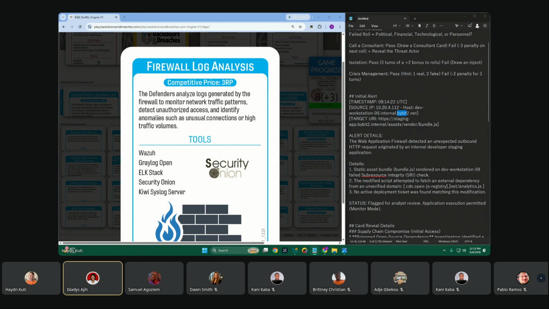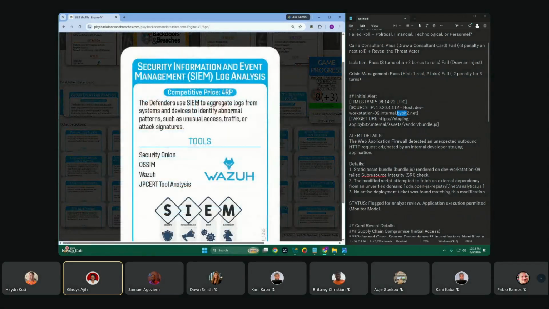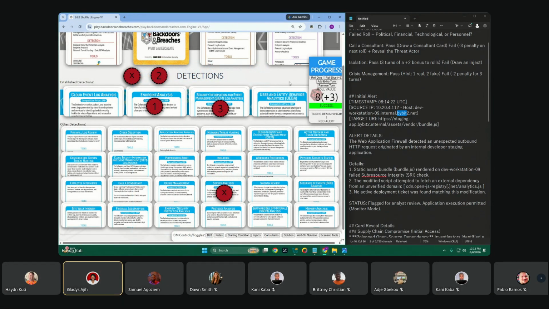Yeah, that's how it should be, Sam. So, what's SIM? SIM is correlating everything, right? All the details, firewall logs, other logs that you can think of, everything is going to be under the SIM. That's why it's always a good option because when you go in there, you can find logs from the firewall, login logs, Windows logs, everything in one place.